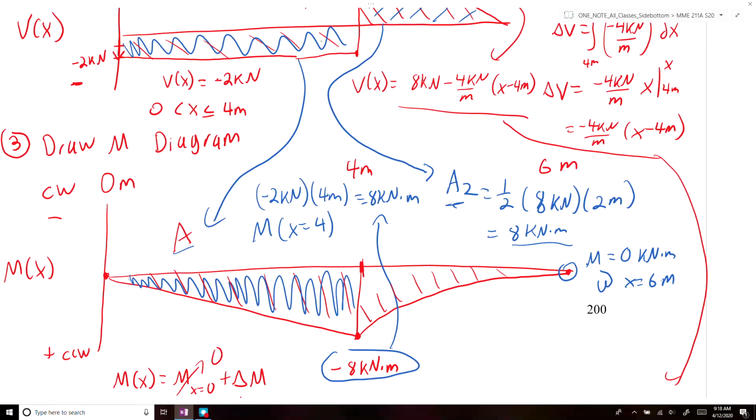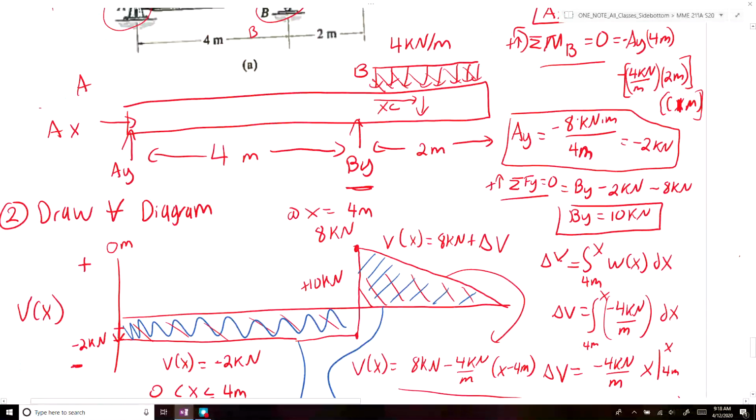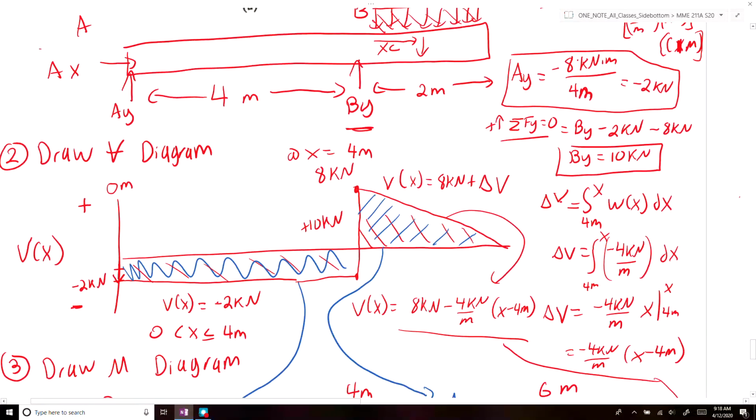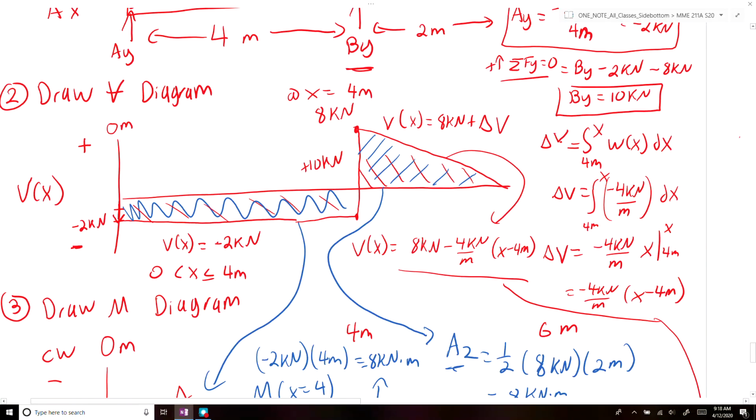Alright, so to summarize the problem, we found our reaction forces using the equilibrium equations. Once we had our reaction forces, we drew our shear diagrams using our shear relationship, which is the shear at the starting point plus the integral of w of x dx from our starting point to our end point.